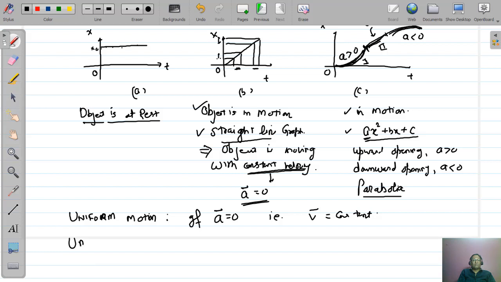Similarly, one more term is defined: uniformly accelerated motion. It means the motion in which a is constant. If acceleration is constant, then we say it is uniformly accelerated motion. If a is 0, it means velocity is constant, and we say this is uniform motion. And there may be motion in which a is not constant. In that case, we will use the concept of differential and integral calculus.